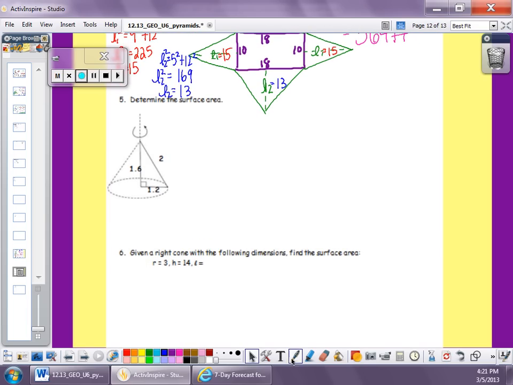The next one. This is just a regular cone. I started out with a triangle and I've rotated around this axis right here, and that created a cone. So I'm just going to use my surface area formula, pi r squared plus pi rl.